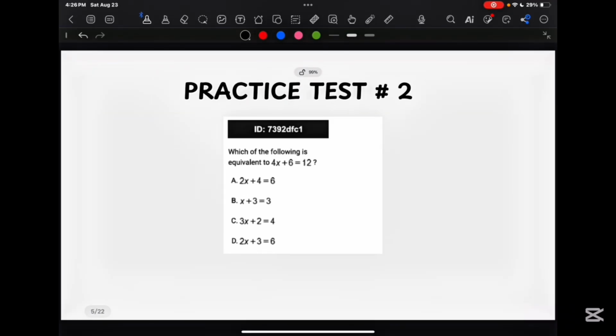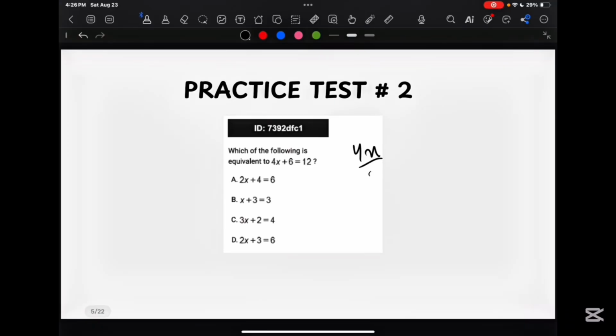Now, which of the following is equivalent to 4x plus 6 equals 12? So as you can see, 4, 6, and 12, all these 3 numbers can be divided by 2. So that's exactly what we're gonna do. Oh, by the way, the question is saying equivalent, which basically means exactly the same.